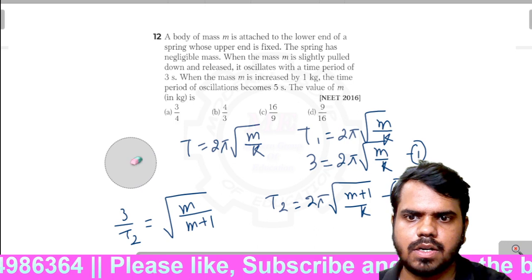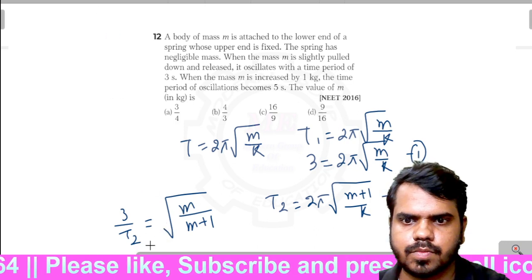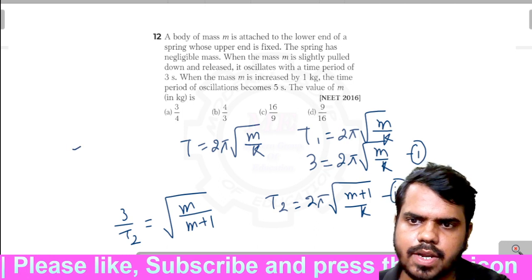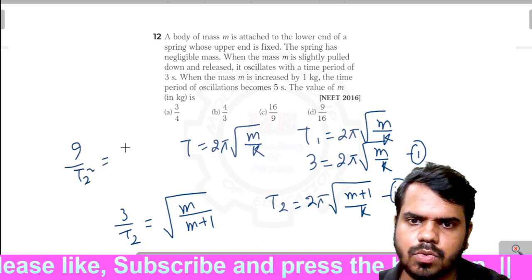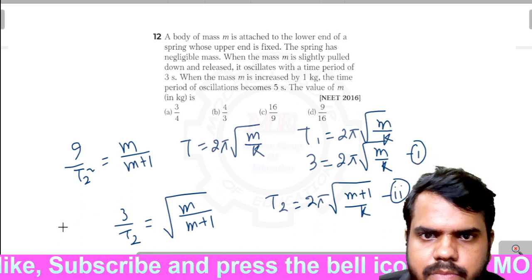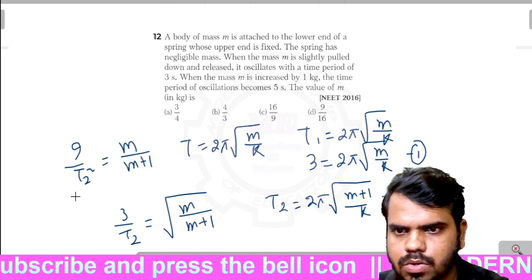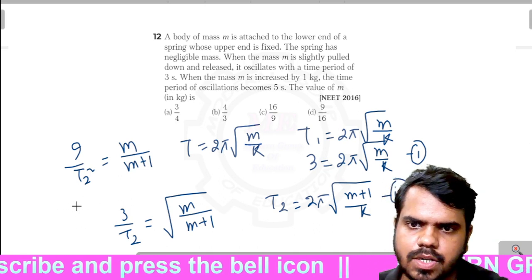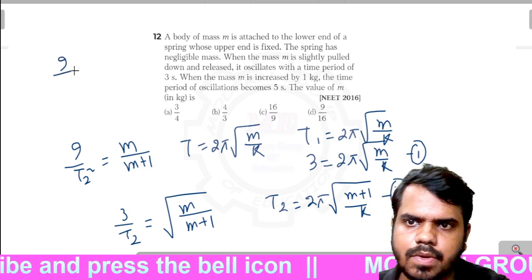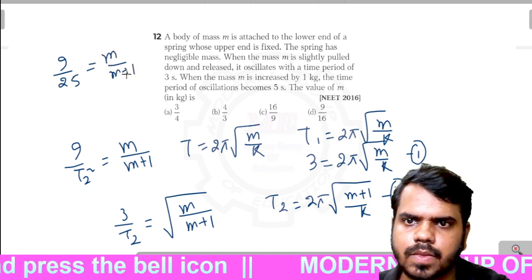I am erasing this part to make some space. Squaring, 9 by T2 square is equal to m by m plus 1. T2 is 5 seconds, so 9 by 25 is equal to m by m plus 1.